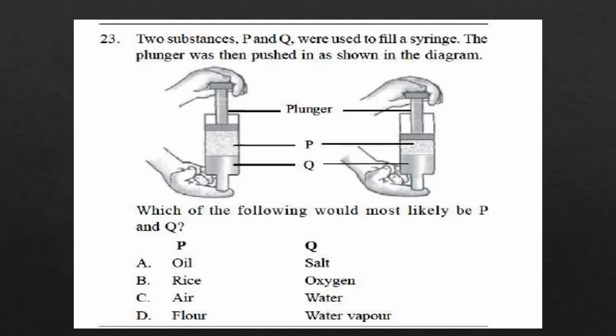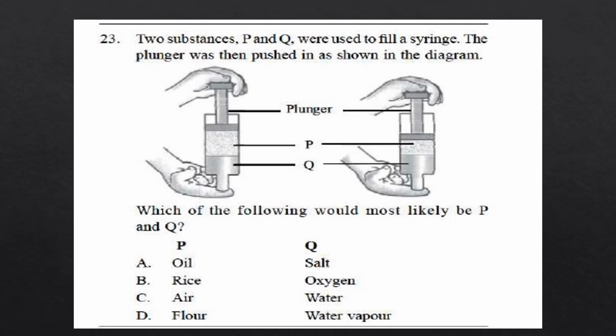23. Two substances P and Q were used to fill a syringe. The plunger was then pushed in as shown in the diagram. Which of the following would most likely be P and Q? Option A. Oil, salt. B. Rice, oxygen.